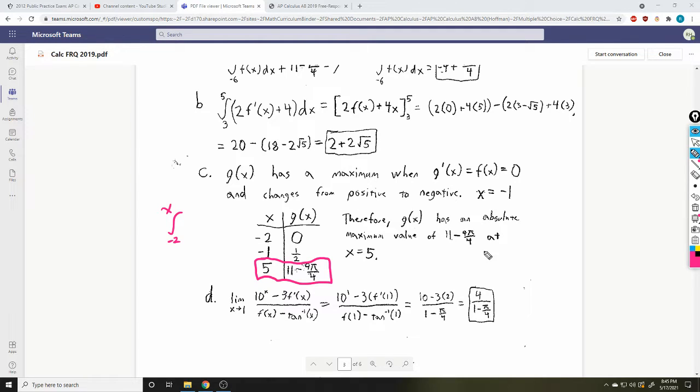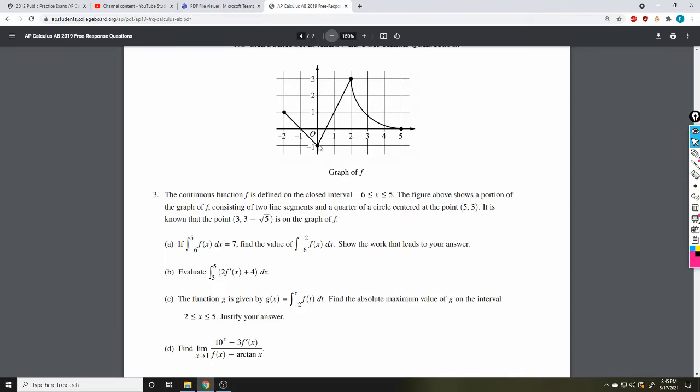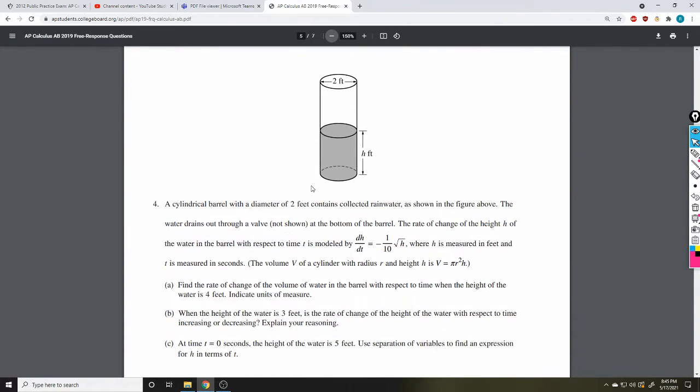Number 4. All right, I won't talk through too much of this. Part A is your related rates question.